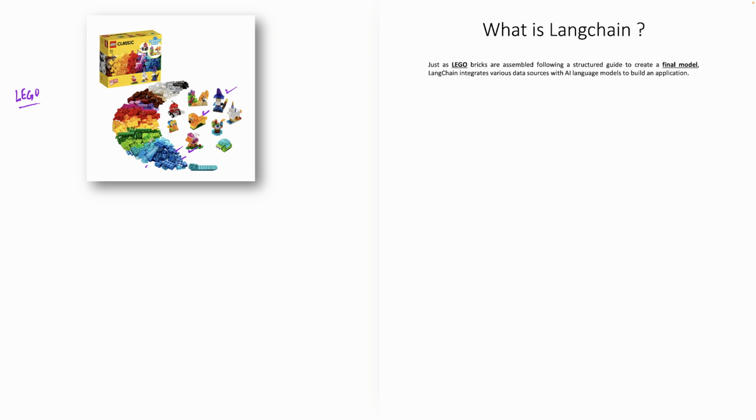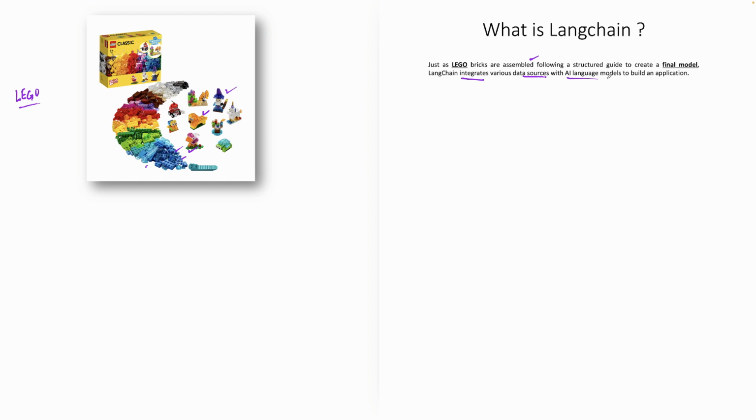Just try to understand that as with Lego, you just join specific modules. Same way in Langchain, you are just joining everything together and using it with your large language models, right? Just as Lego bricks are assembled following a structured guide to create a final model, Langchain integrates various data sources with AI language models.